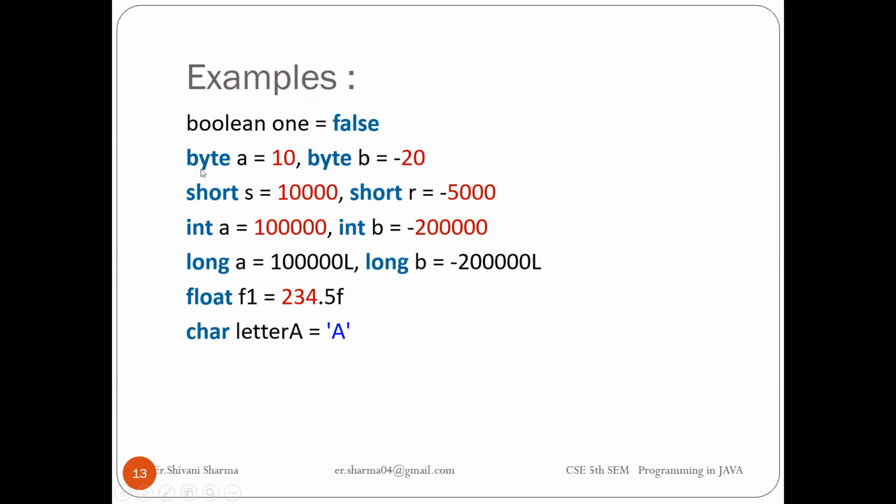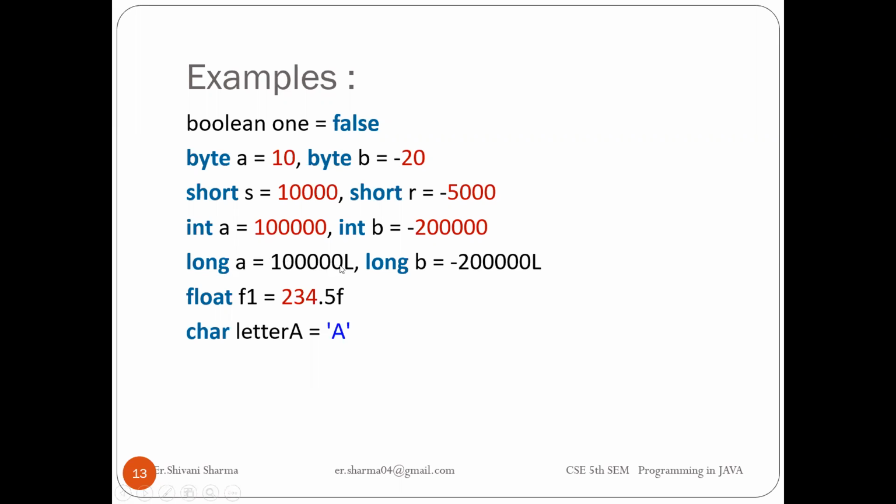Now here byte: byte A equals 10 and byte B equals 20. That is how we can represent the byte in the case of Java. Short, we write the short keyword, that is a data type. Int, we write the int data type. If I want to take long, we will write long. We will never write long int. We just write long.